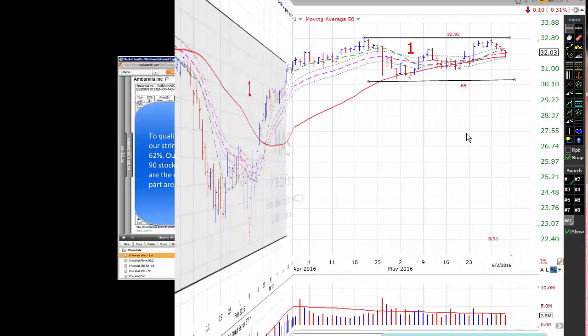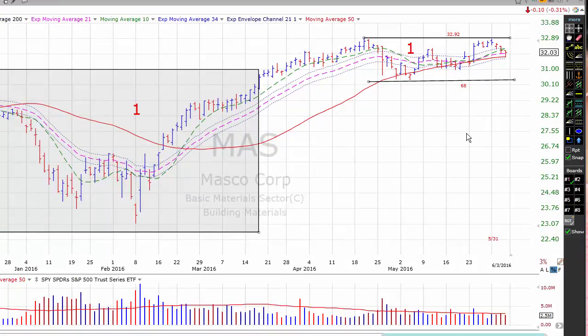That noted. The first stock we want to take a look at, Masco Corp, manufactures cabinets, plumbing, and other products for the home improvement and new construction markets. We've looked at this one before. Right now Masco is working on a first stage base with a pivot point up here in the 3292 area.